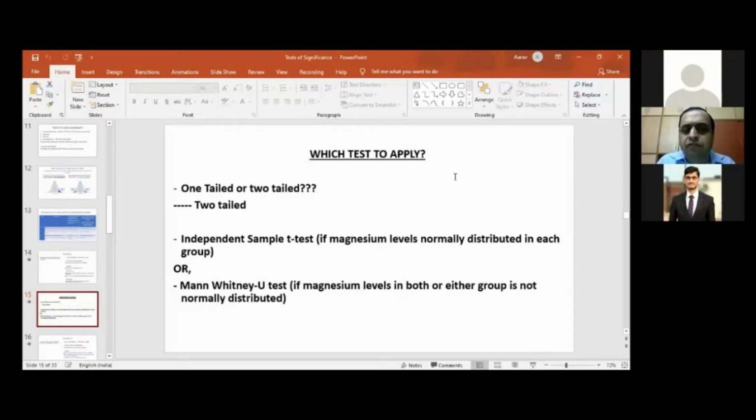So finally, after normality and all, if the magnesium levels are normally distributed in both the groups, survivor and non-survivor, we will use an independent sample t-test, which we normally call the student t-test. If the values of magnesium are not normally distributed in either of the groups, or in both the groups, then we will use the Mann-Whitney U test, which is a non-parametric test.